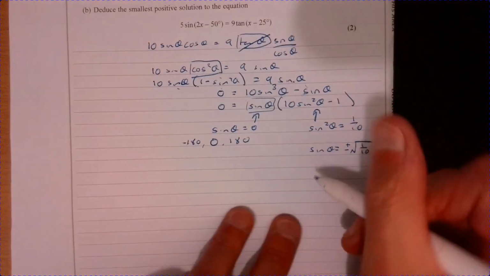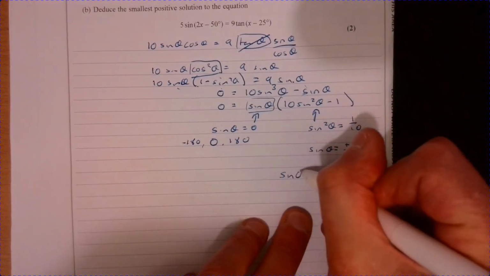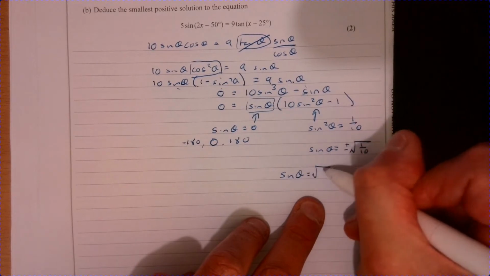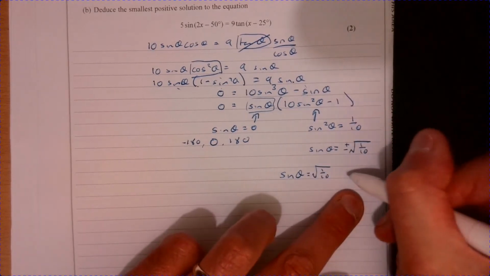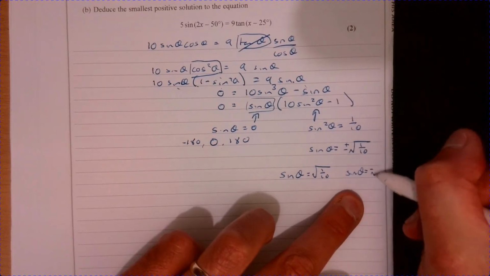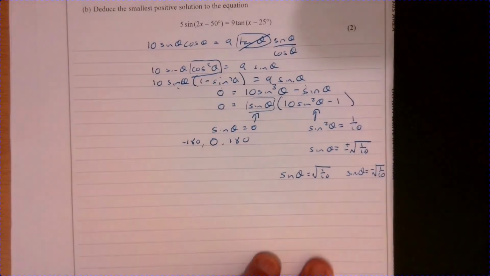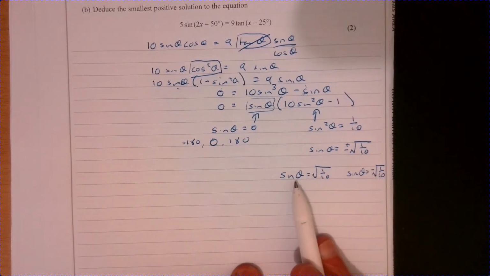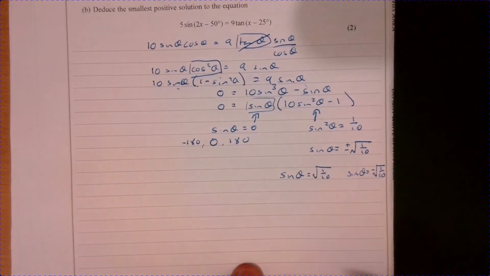Now the easiest thing to do here is just consider both possibles. So let's say sine theta is equal to the square root of 1 over 10, and let's say sine theta is also equal to minus the square root of 1 over 10. And then go and explore the different possible answers that we could have there.